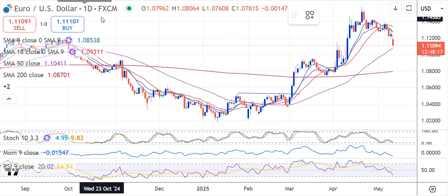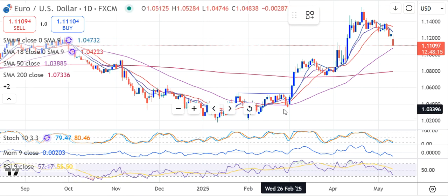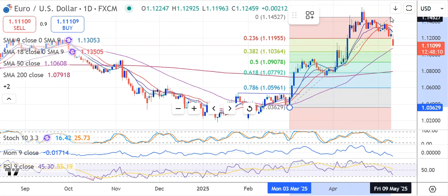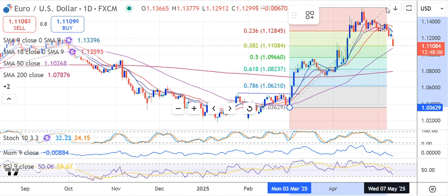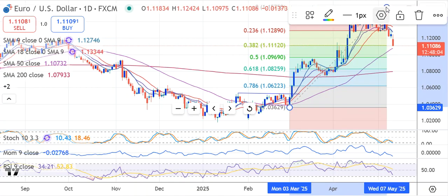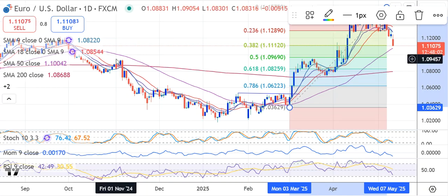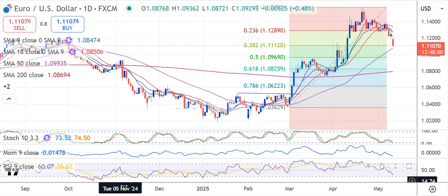Now people say Fibonacci levels don't work. I don't think it's that they don't work, I think it's that people don't know where to put them, and that causes a whole world of grief when you're trading Fibonacci, or not even trading but just looking for support and resistance levels.